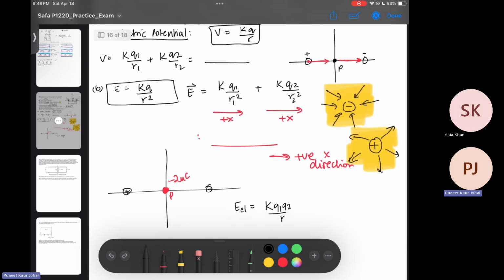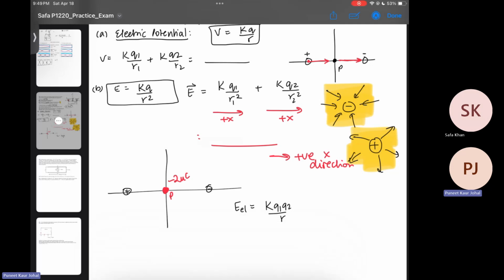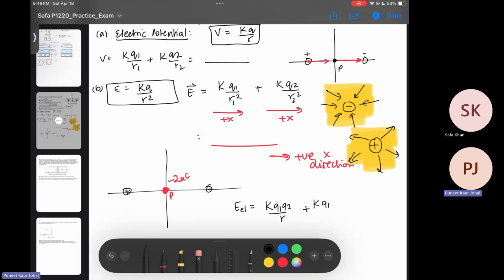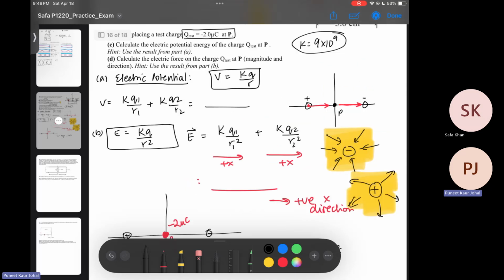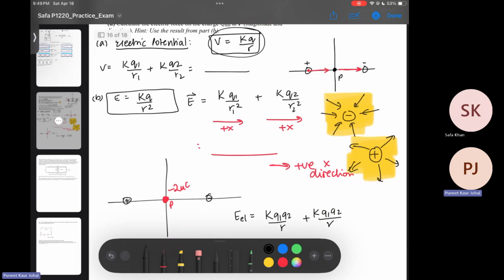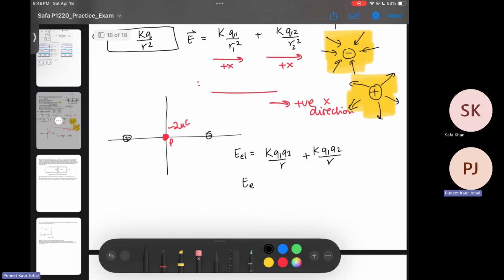So you can use that for both, or because we derived this formula for potential, we know it's just Q times V, the potential, right?